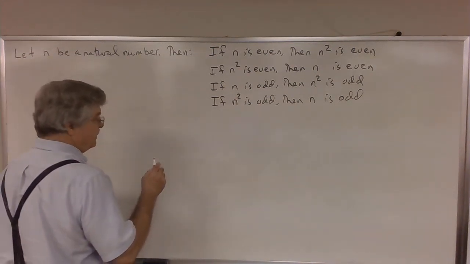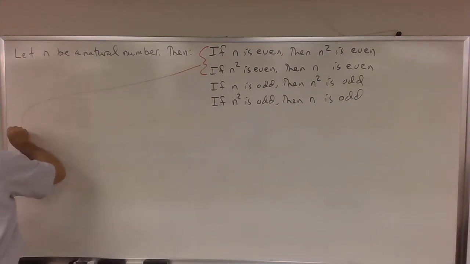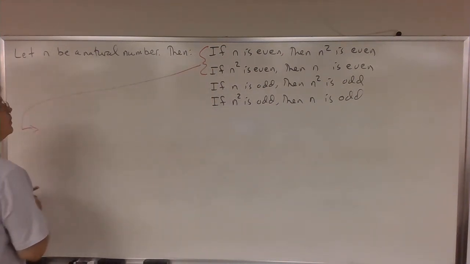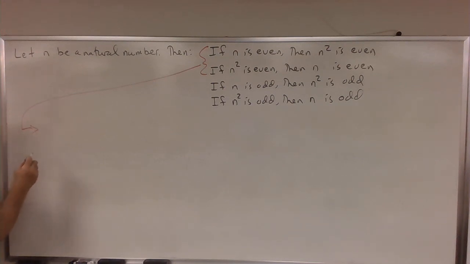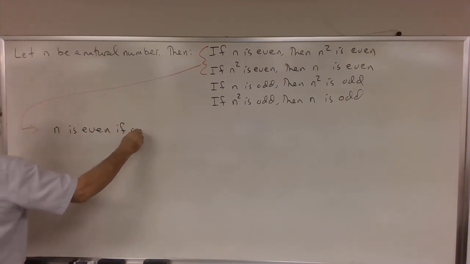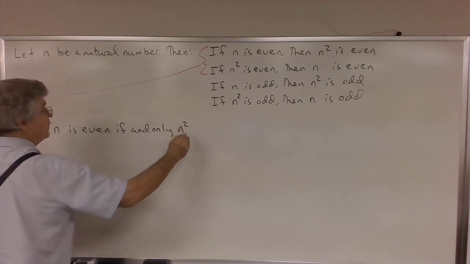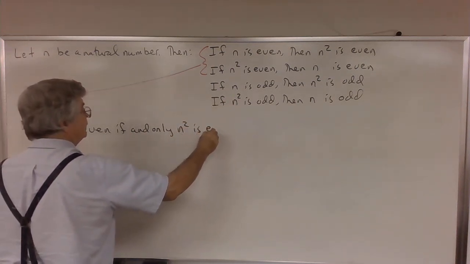These two can be combined into one. n is even if and only if n squared is even.